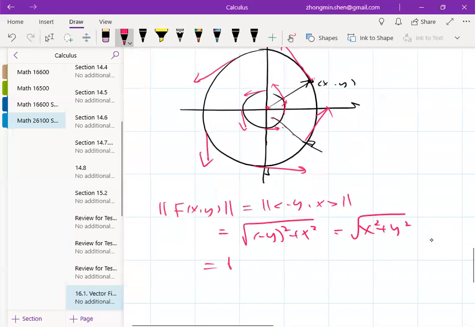It is going to be the distance between the origin and the foot point of the vector. So you can imagine the vector field is getting longer when getting far away from the origin.